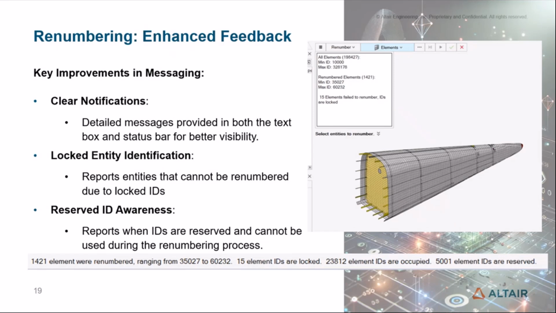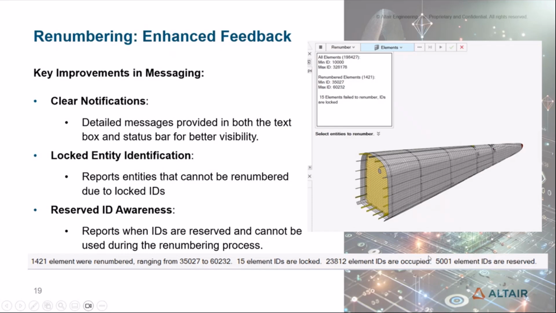So it's had to push past those IDs. And hence that's why we've got 1,400 elements renumbered, but actually the range of renumbering is over 35,000, because within that, a lot of those IDs, 23,000 of them, are already used.